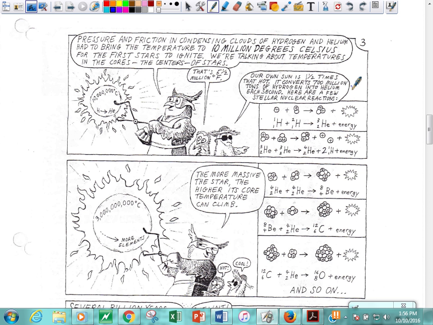Here are a few stellar nuclear reactions. So it's going to show us the nuclear reactions that happen inside stars. But I wanted to point this out. How much hydrogen is being converted to helium on our sun every second? It said it right here: 700 million tons. Now in this area, we're familiar with ton bells.